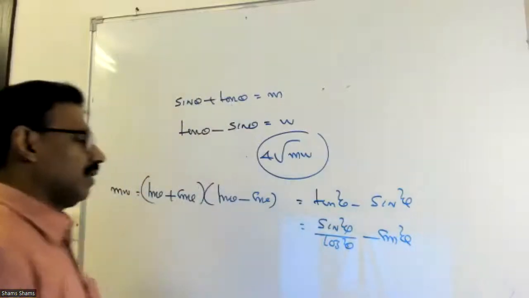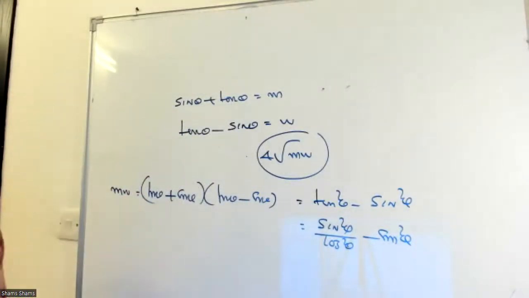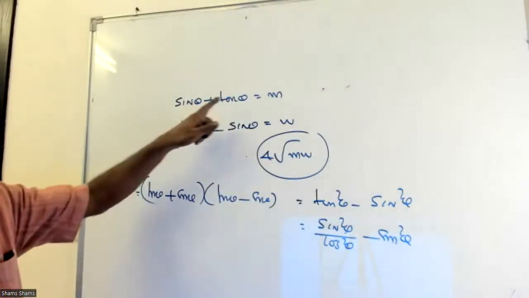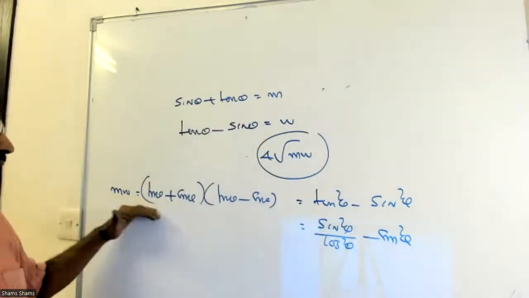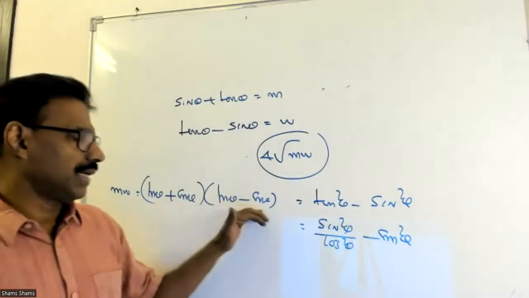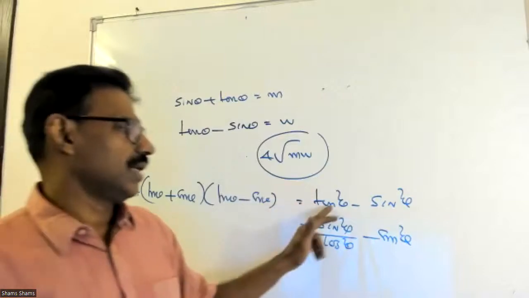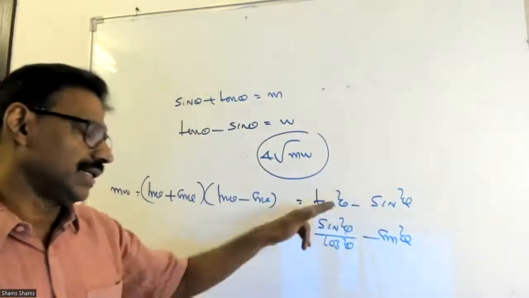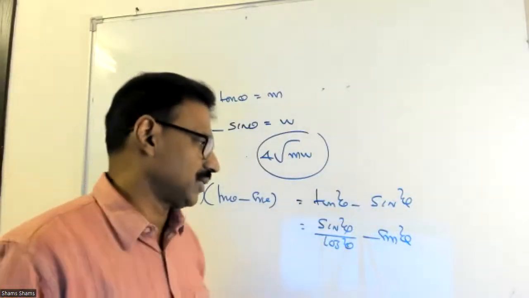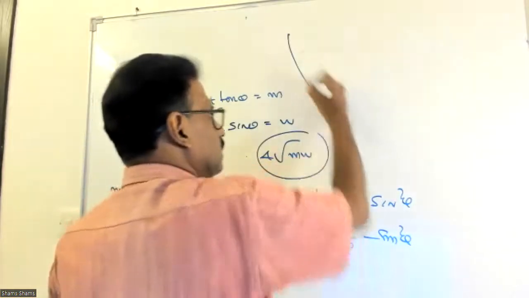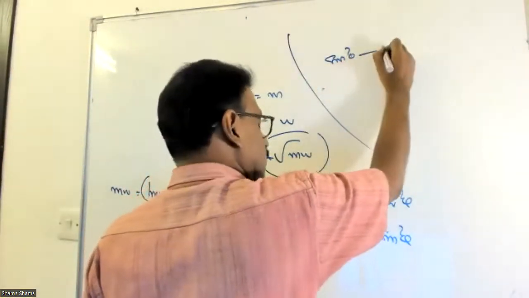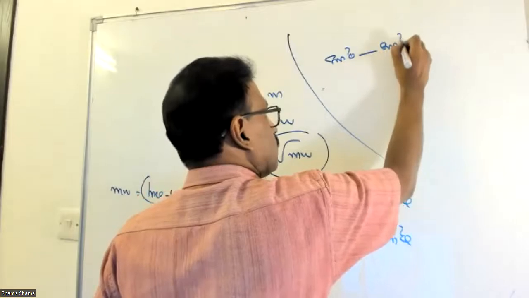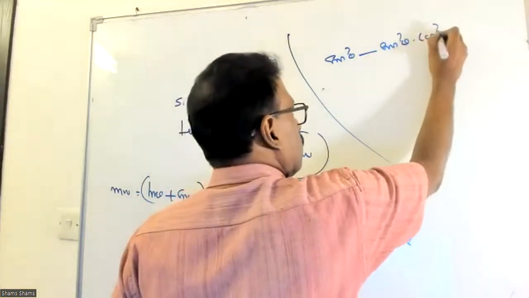Once again, look, you have to find out mn. M is tan theta plus sin theta. N is tan theta minus sin theta. So tan theta plus sin theta into tan theta minus sin theta equal to tan square theta minus sin square theta. Tan square theta is sin square theta by cos square theta minus sin square theta. Okay, LCM is cos square theta.